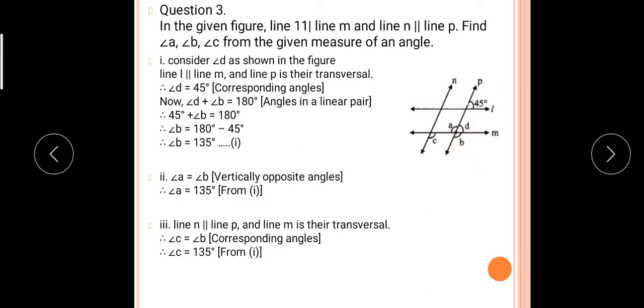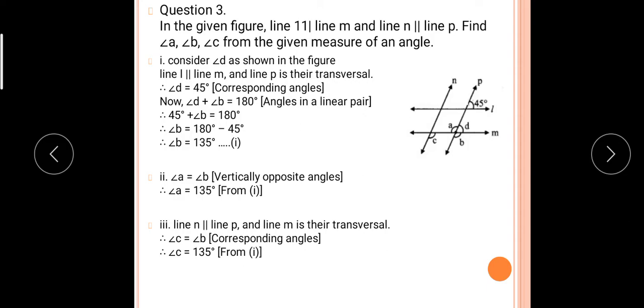But here I first calculated A and then B. Anyway, you can do either; you just have to mention which property you are using. So A is 135. A and B are equal because they are vertically opposite angles, and therefore angle B is equal to 135.